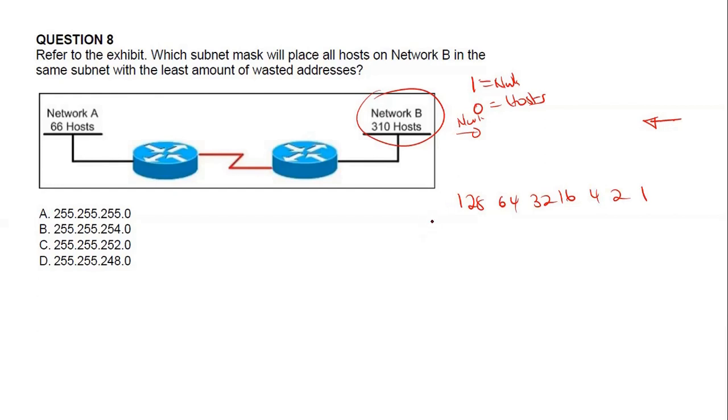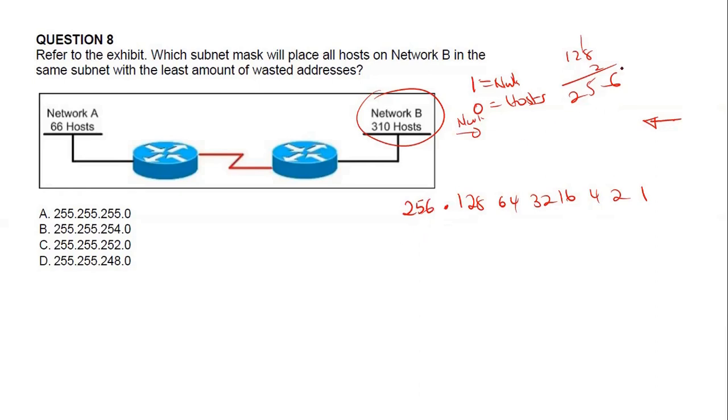If you continue in the binary in terms of the twos, 128 times 2 gives you what? 256.